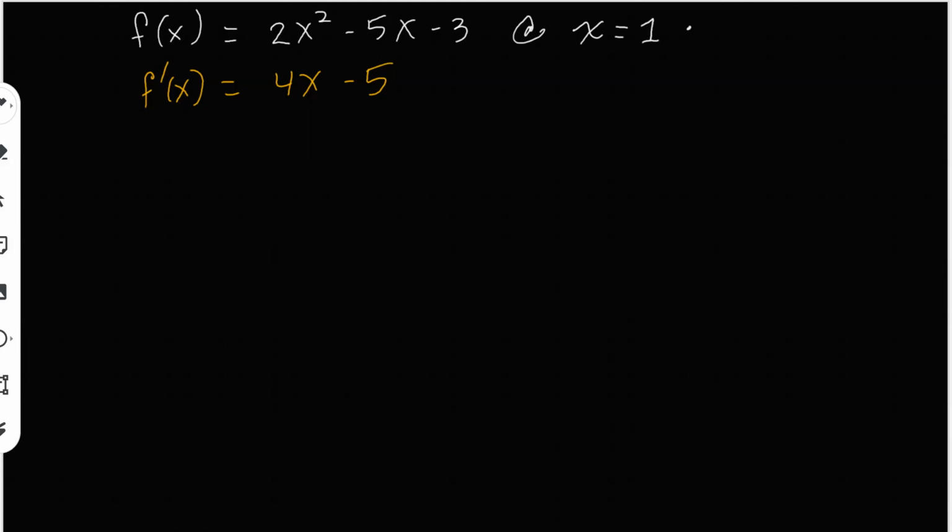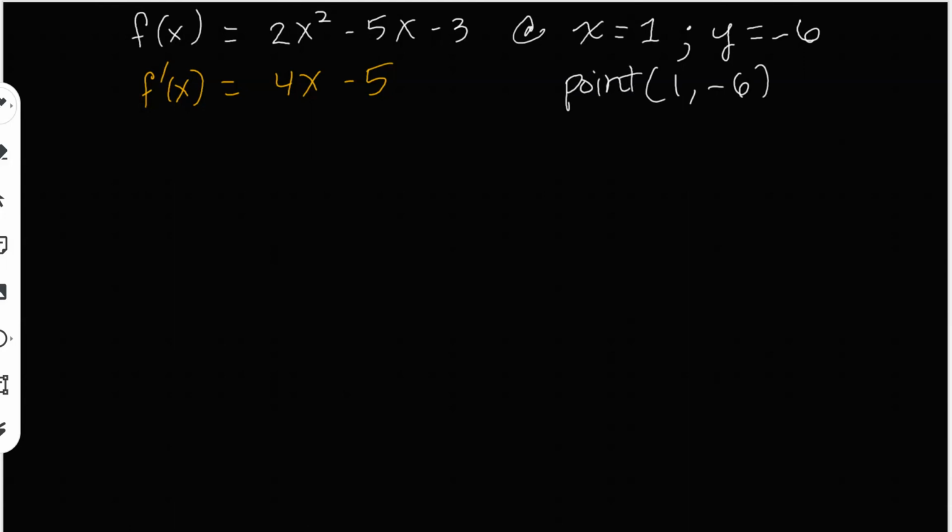Well, if x is equal to 1, the y value or the function value is f of 1. And when you plug in 1, you will have 2 times 1, which is 2, minus 5 times 1, which is 5, 2 minus 5 minus 3, and that's going to give you negative 6. So then the point on the graph is (1, negative 6). That's the point on the graph.